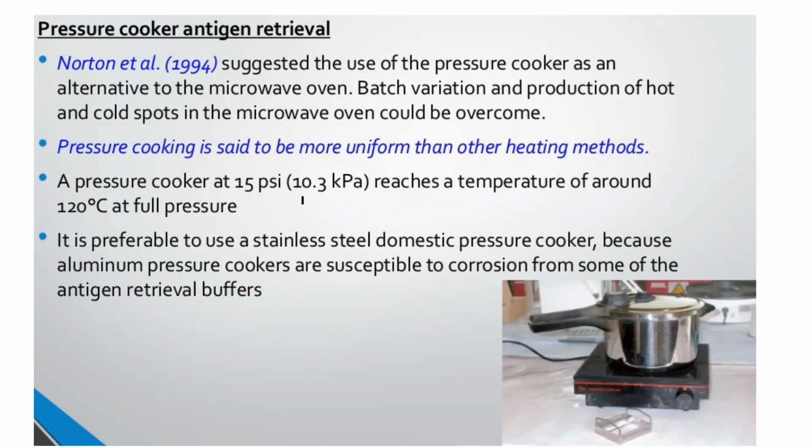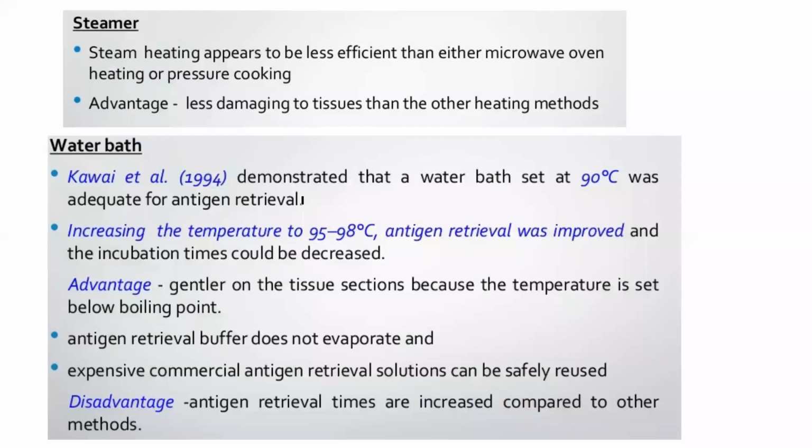High temperatures can cause complete irreversible damage to the tissue. In order to overcome that problem, we have another modified technique called pressure cooker with enzymes. Pressure cooker with enzymes can overcome the problem we faced with the sole pressure cooker retrieval technique.